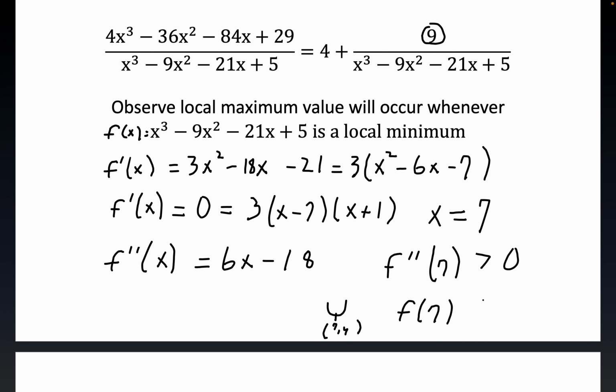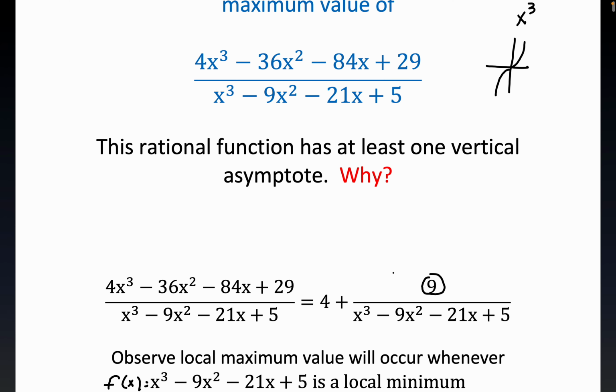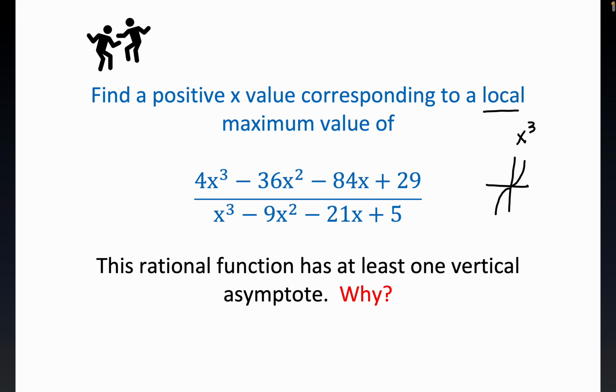But that's exactly what we needed here, because a local maximum of the entire expression occurs whenever this denominator cubic has a local minimum value, and we've shown that that happens at 7. So f at 7 is a local min by the second derivative test, and the answer to the question is x equals 7, folks. x equals 7 gets the job done.